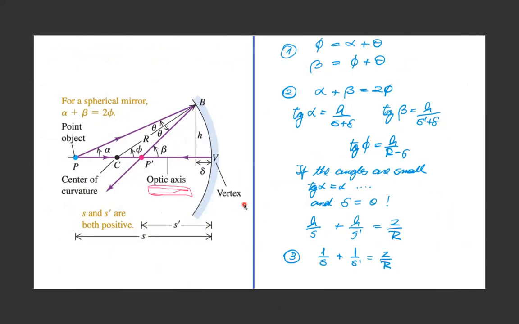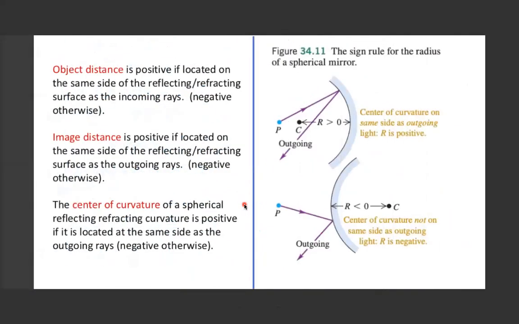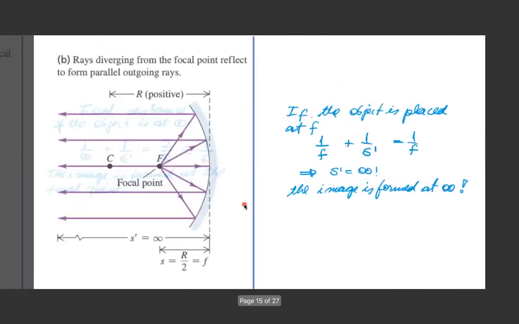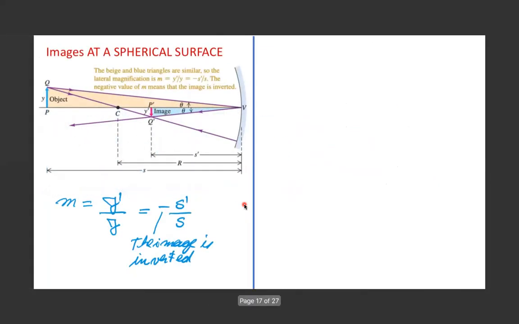I'm not going to do that myself. You have to study that, because otherwise it's going to be too long. But I just wanted to share with you the idea of the basic elements that you need in order to understand how an actual optical instrument works.